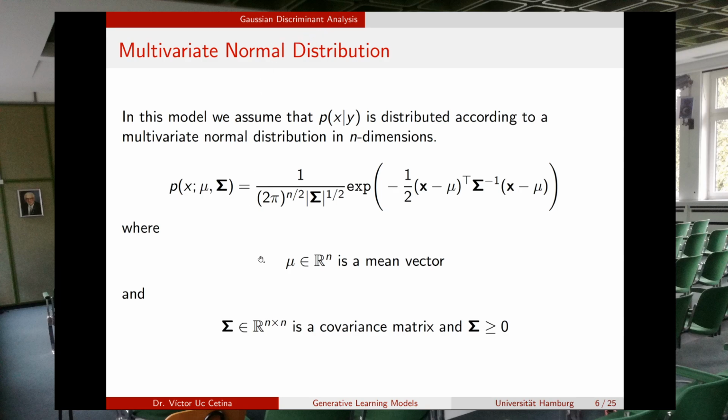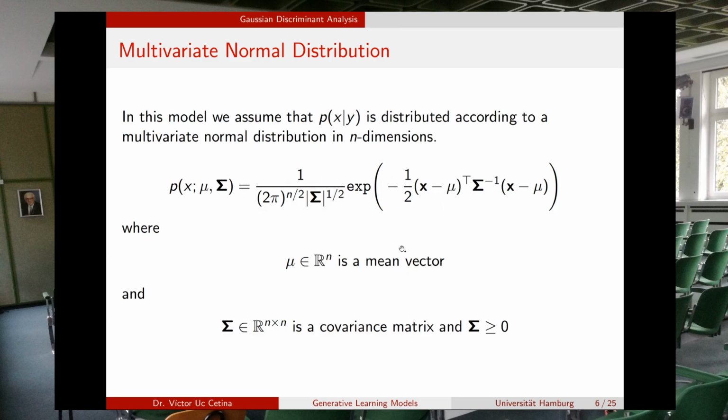In Gaussian discriminant analysis, we assume that the examples behave as a normal distribution, as a Gaussian distribution. I have written here the formula for the probability of a Gaussian distribution when x is a vector of input variables or features, and here sigma is the covariance matrix, and mu will represent the mean vector.